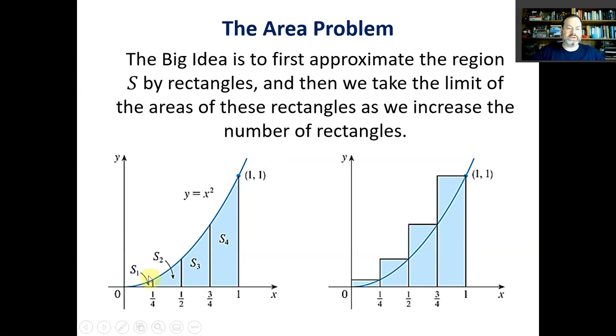If we want to approximate this little S1, we build a little rectangle with, in this case, the right endpoint of the interval telling us the height. And we basically just say to ourselves, if we keep adding lots and lots more rectangles, does the approximation get better and better and better? If it does, that means we can take the limit. And we already know how to do limits.